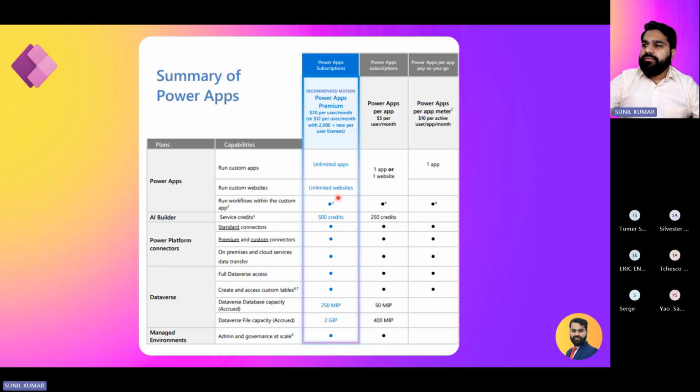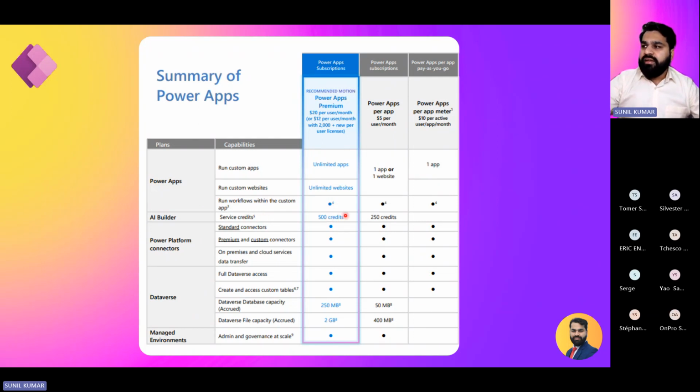Now, AI Builder. AI Builder is a capability provided by Microsoft, which has a lot of AI capabilities, for example, AI prompts, for example, document intelligence, right? Getting the text from images. So these are some of the AI Builder capabilities.